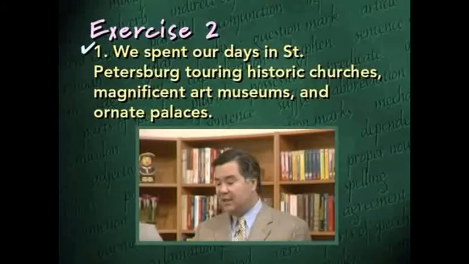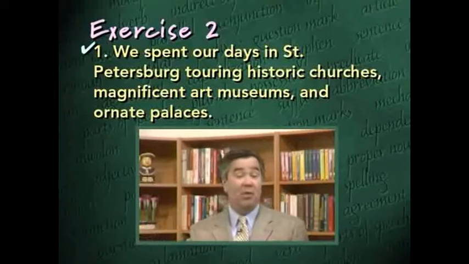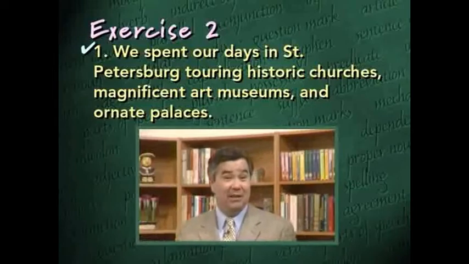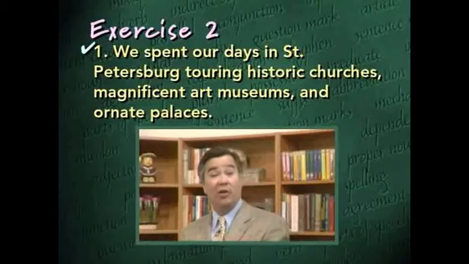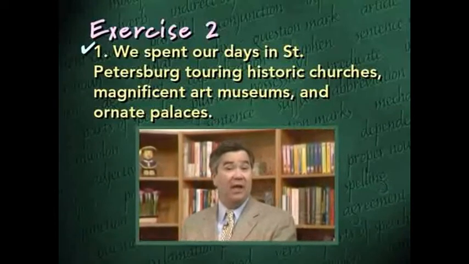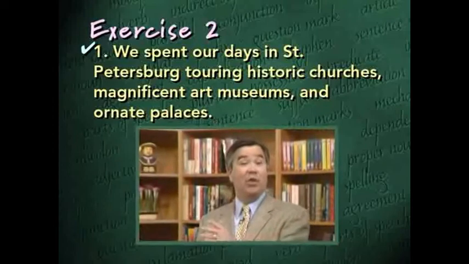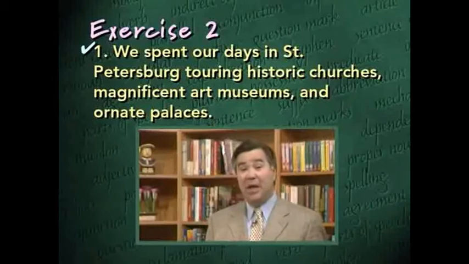We spent our days in St. Petersburg touring historic churches, magnificent art museums, and ornate palaces. Now the ing verb touring applies to all three things, and what follows touring are three parallel phrases describing three places that were toured, which is also a perfectly correct way of making the sentence parallel.